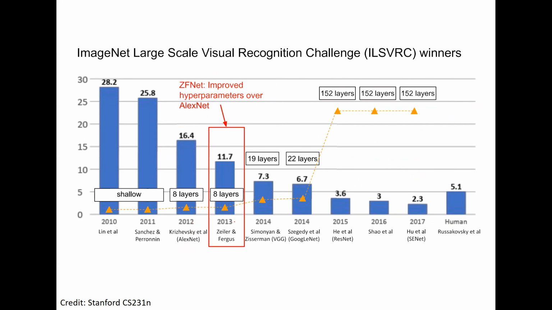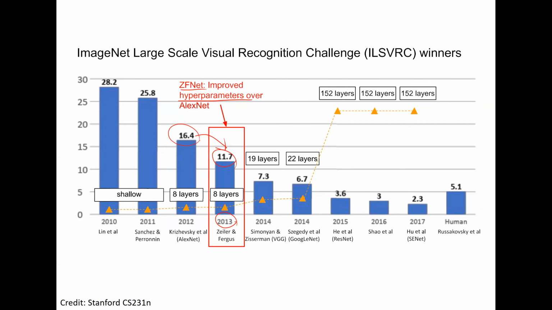And in 2013, this network called ZFNet came out and reduced the error rate from 16 to 11. However, the architecture was just the same.